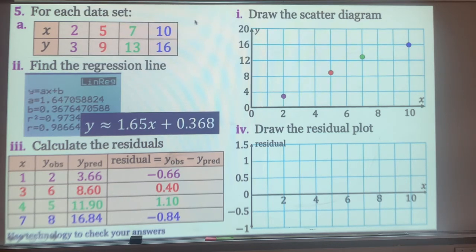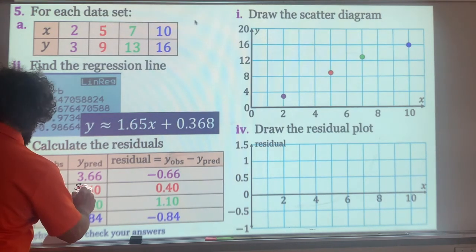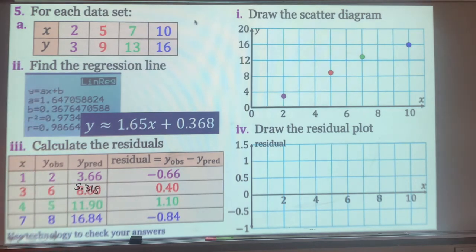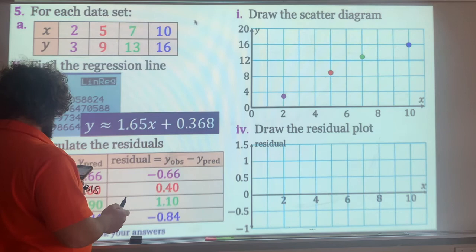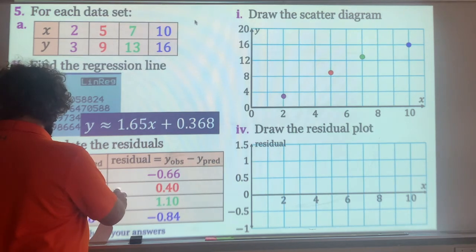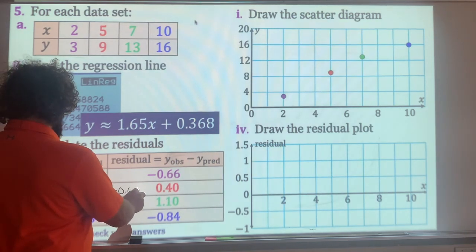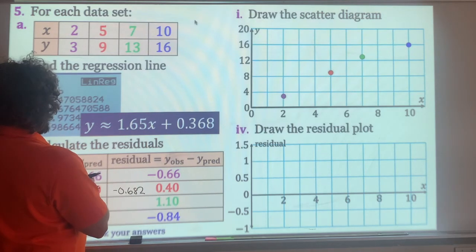3 times 1.65 plus 0.368 gives me, these numbers are all messed up. It should be 5.318, and then when I subtract 6, it is negative 0.682. Is my regression line wrong?